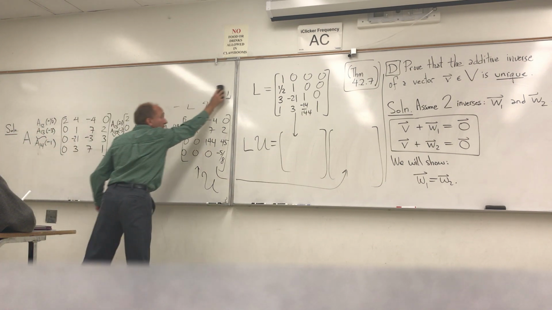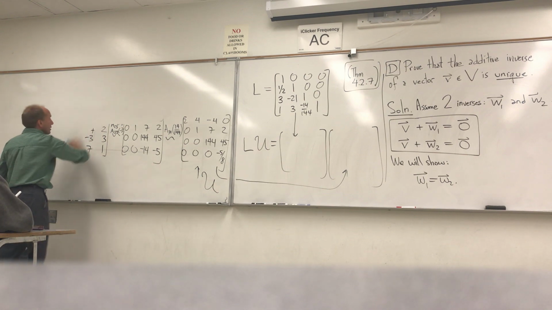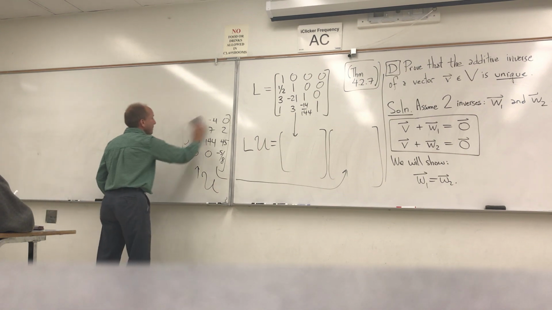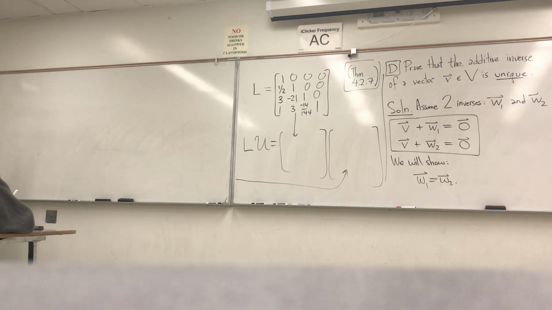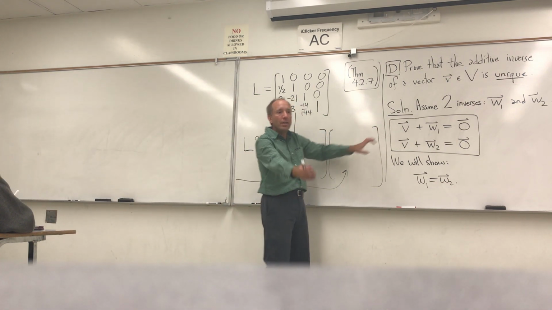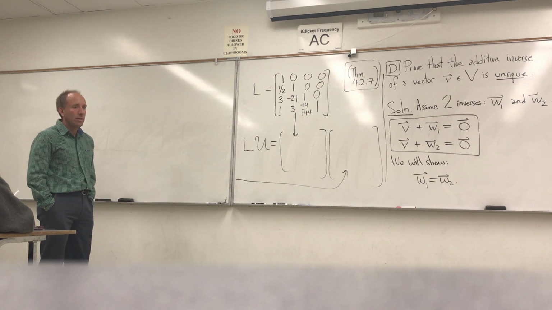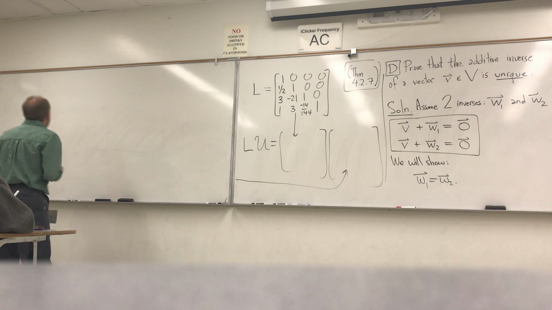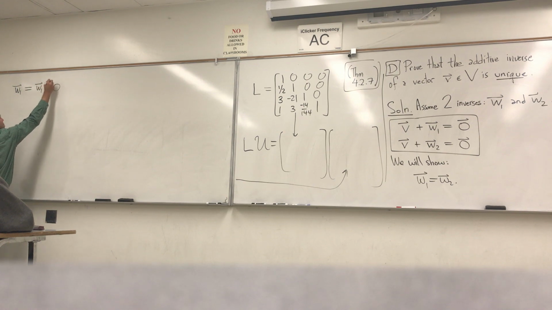Does anybody have a suggestion what I could do next? I want to show that W1 equals W2, and these are my assumptions right here. Solomon? You can start with W1, and it's equal to W1 plus the 0 vector, and then we can substitute. Okay, so we could start with W1 and write it as W1 plus the 0 vector.